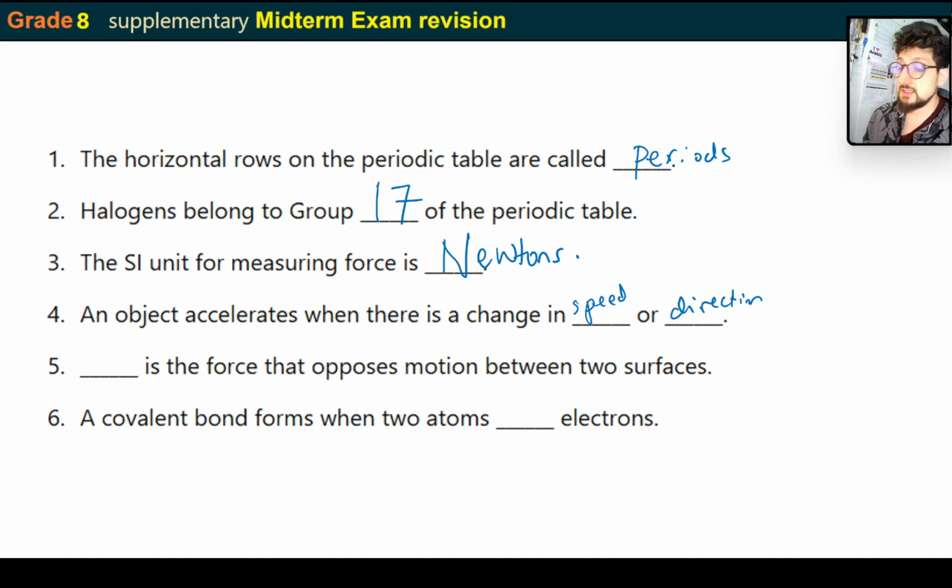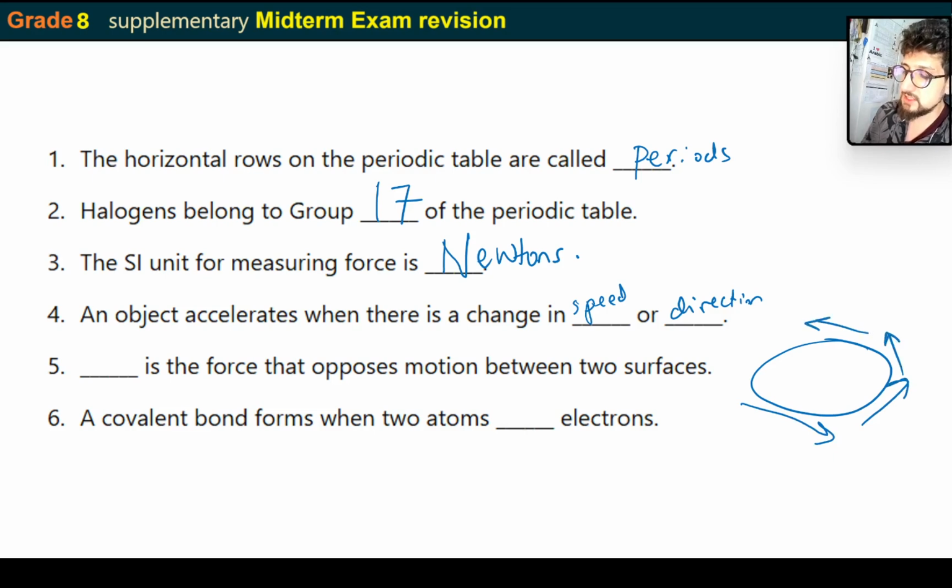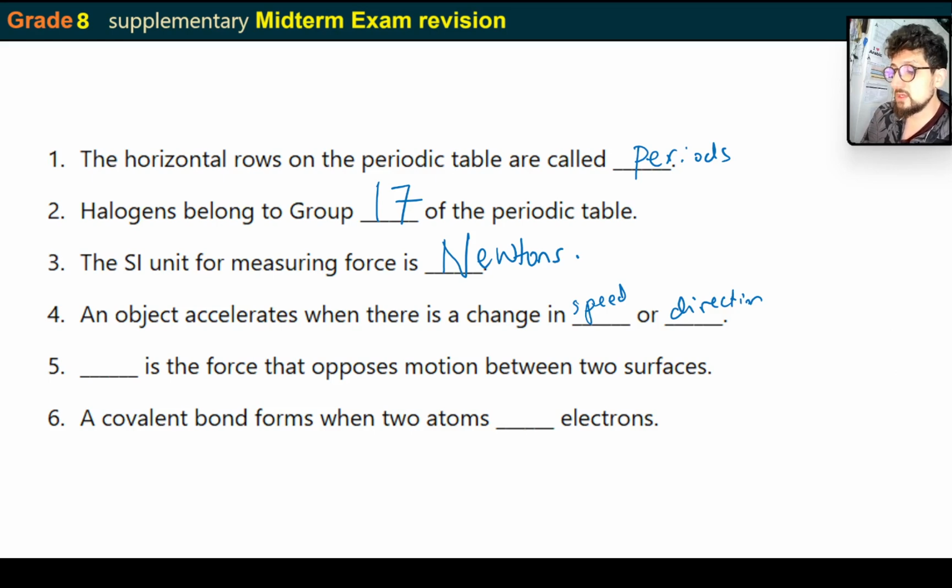And if an object is traveling around like a roundabout and it changes direction, that's also acceleration. So even if it's moving at constant speed, if it's changing direction, that's called acceleration. So acceleration happens when an object changes speed, as in slows down or speeds up, or when it changes direction. What we call a change in velocity, because velocity includes direction and speed as well.